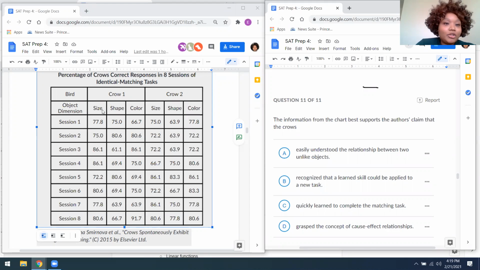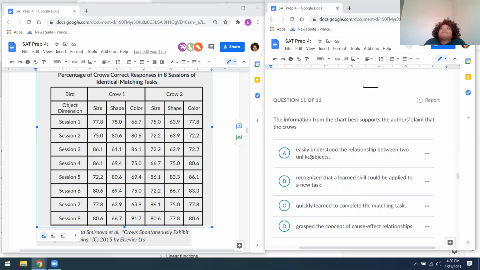For crow 1, matching size, during session 1, the average was 77.8 in terms of correct responses. As the sessions go on from session 1 through to session 8, there's an increase. In general, sometimes the numbers go down, but sometimes they go up as well.